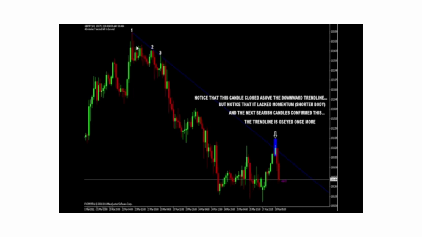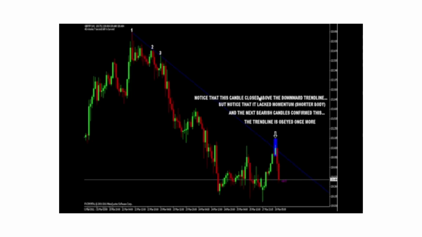It has a much shorter body than the first two, so we know the market is losing steam. And the second chart shows what happened as a result of the three candlesticks that got respected over here, and then everything just starts falling in place, and the market starts going in profit.